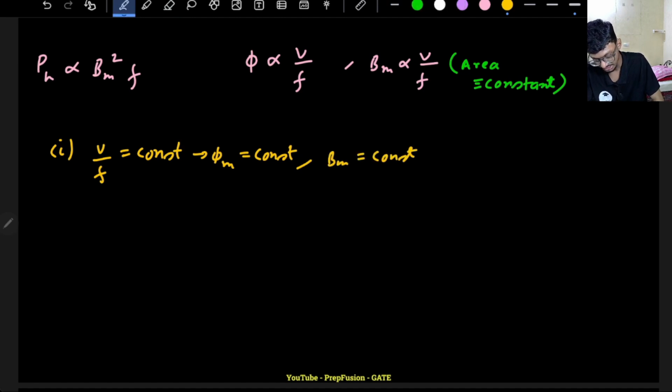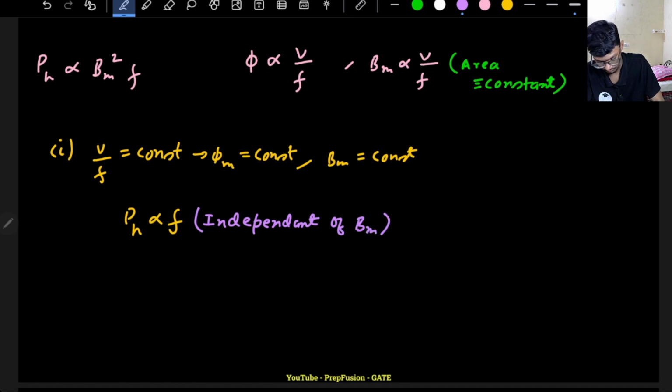If this is the case, my hysteresis loss will be proportional only to the frequency. It will be independent of flux. So the conclusion is that it is independent of Bm, basically flux density.